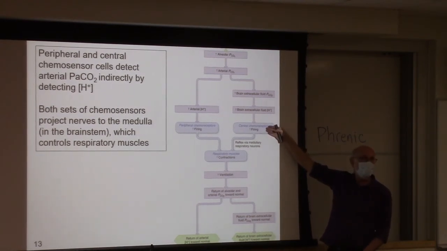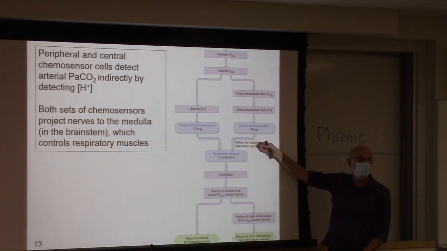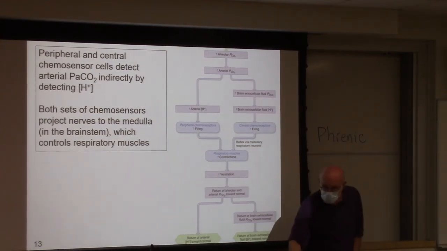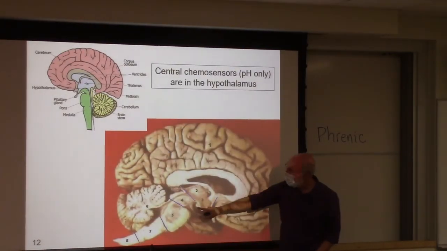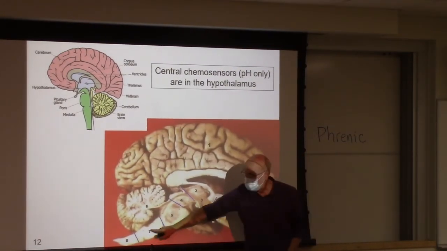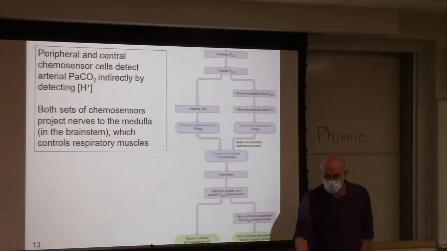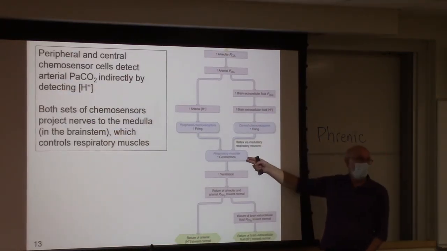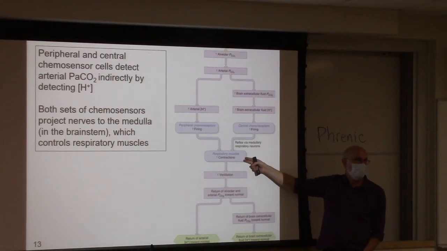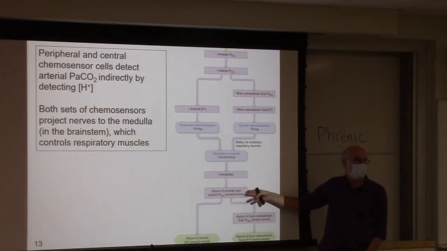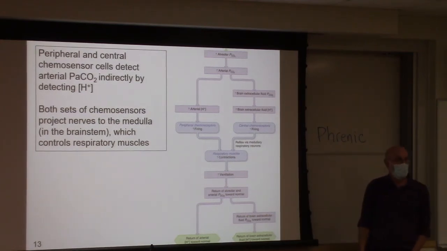Central chemosensors detect that pH and increase the action potential frequency, telling the medulla to work to increase the frequency. More contraction, deeper contraction, faster contractions, more ventilation, returning CO2 to normal.